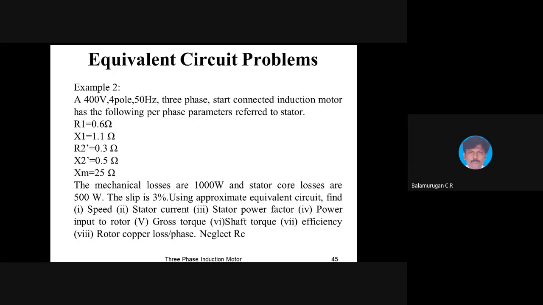Then calculate the stator input and the stator copper losses, and add both the core plus copper loss. This will give the stator loss. Now you tell the value for stator input.